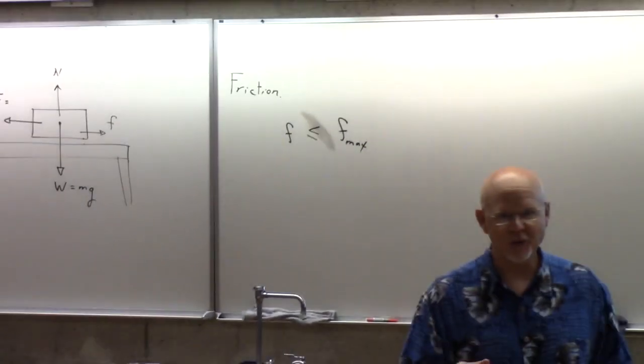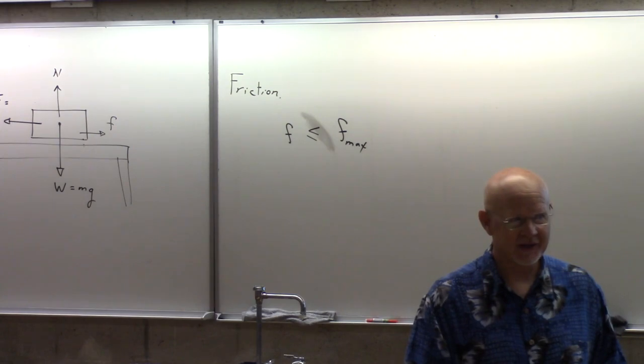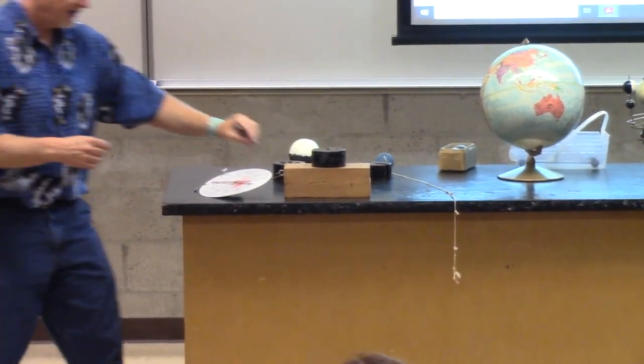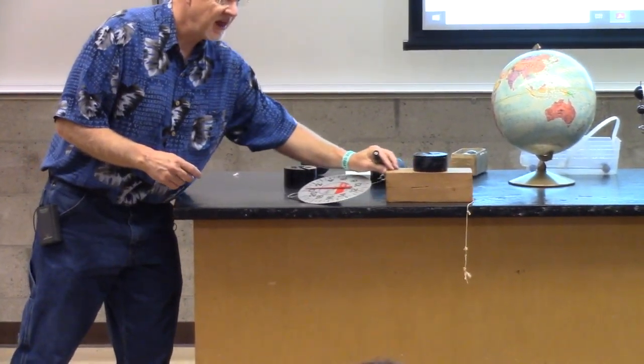Did the friction go away once it started moving? Did you see something interesting here? Did you see that before it started moving, it went up to some maximum? Then when it started moving, it went to a lower value?